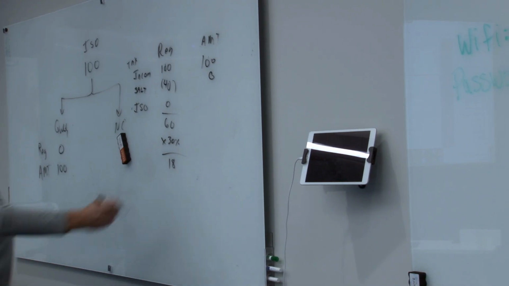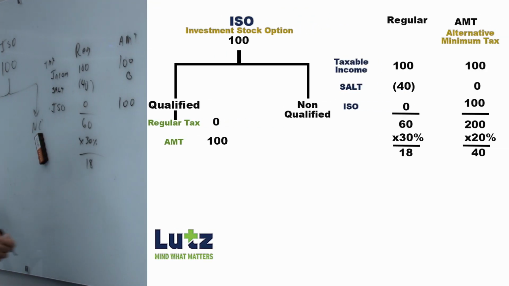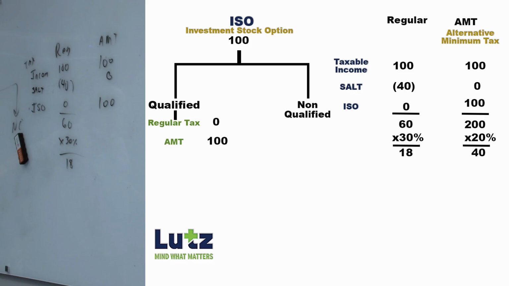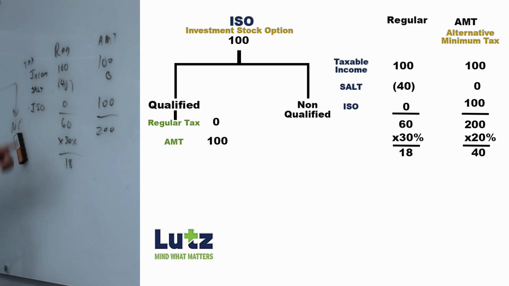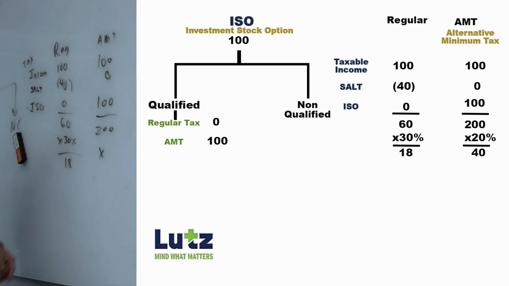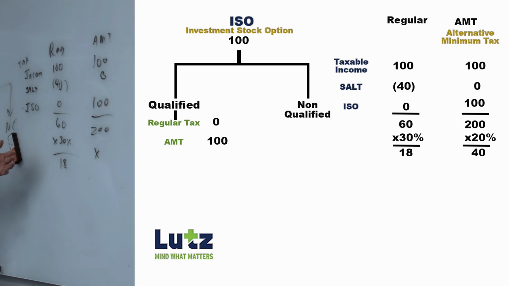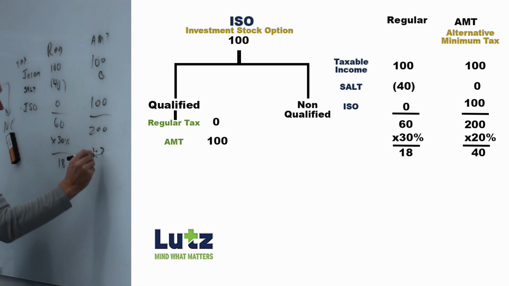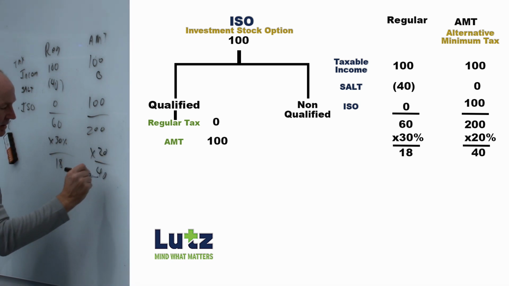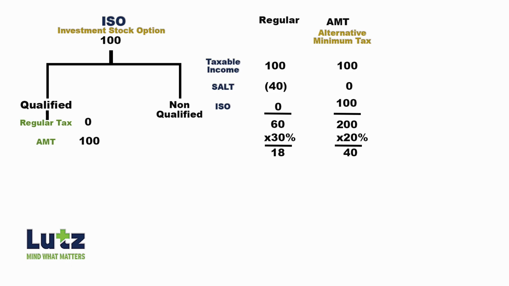And then I have $100 of income because of my ISO, which gives me $200 of AMT taxable income times, and I'm going to say AMT comes in at a lesser rate. They use a different rate system of 20%, $40. So under the AMT calculation system, there's $40 of tax.